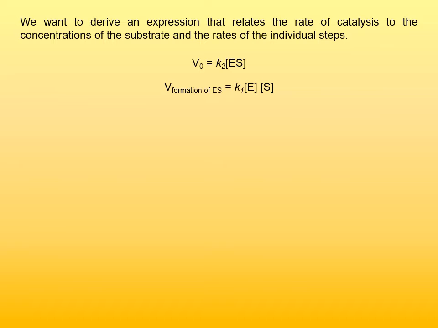Since that step is reversible, we also need to consider the equation for the rate of breakdown of the enzyme-substrate complex. The enzyme-substrate complex is used up or broken down in two steps, either in the reverse step, where the enzyme-substrate complex reverts back to enzyme and substrate, or in the second step, where the enzyme-substrate complex is converted to enzyme and product. So the overall rate of breakdown of the enzyme-substrate complex is K-1 plus K2 multiplied by the concentration of enzyme-substrate complex.